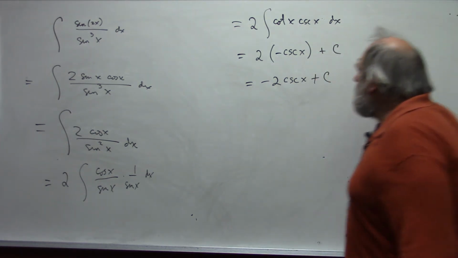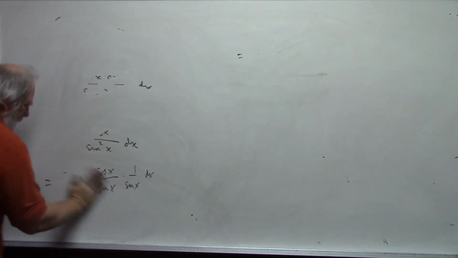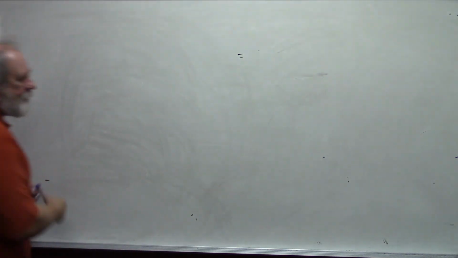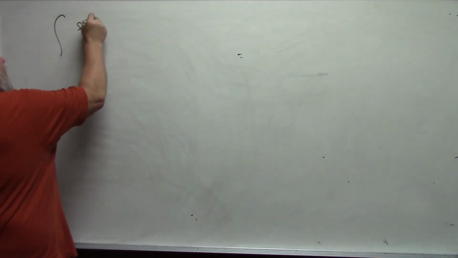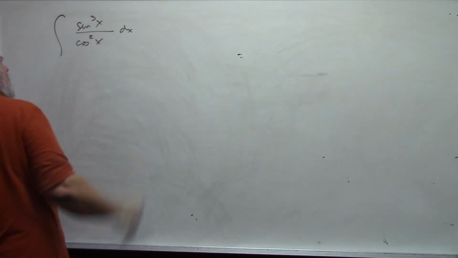And my last example, we get the integral of, or the antiderivative of, sine cubed of x over cosine squared of x dx. Now to do this one, we need to be a little bit tricky in a way.